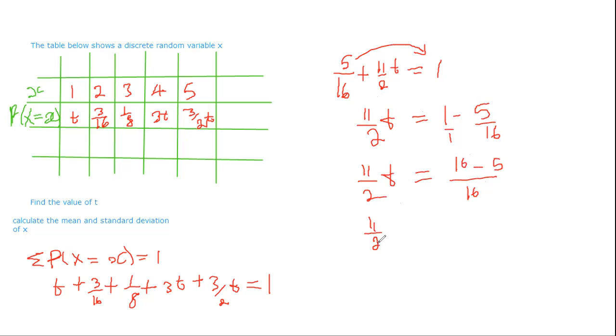So 11 over 2 t is going to be equal to 11 over 16. So we can do the cross multiplication. Our t is going to be equal to 11 times 2 divided by 16 times 11. The 11 is going to cancel out, so our t is going to be 1 over 8.